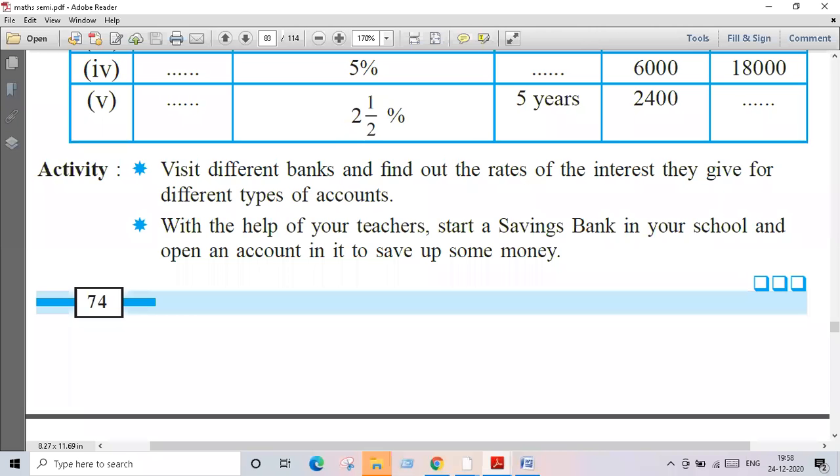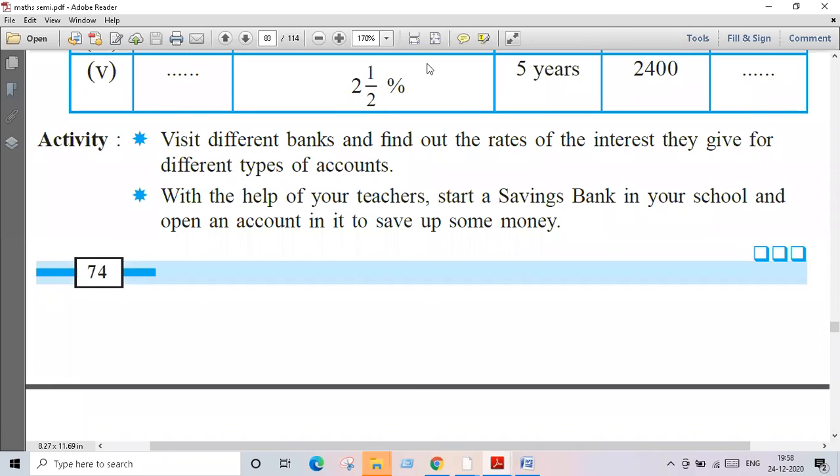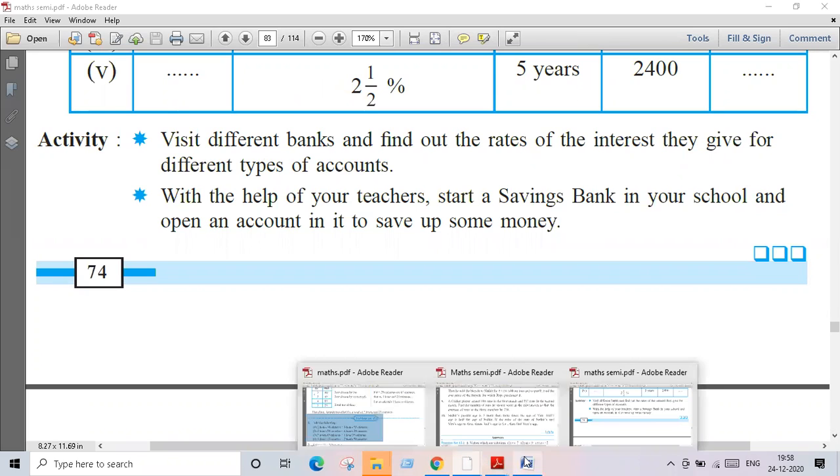So guys, let's take the last question, and that will end your banks and interest topic. The principal amount has to be found out. Rate of interest is given, that is 2.5%. Time is 5 years, and 2400 is your interest.